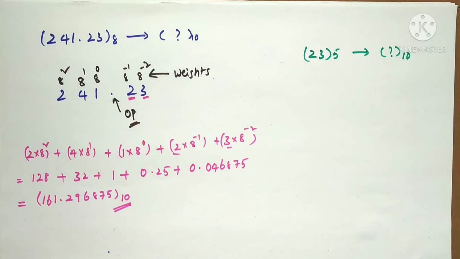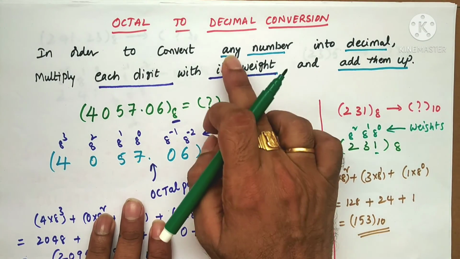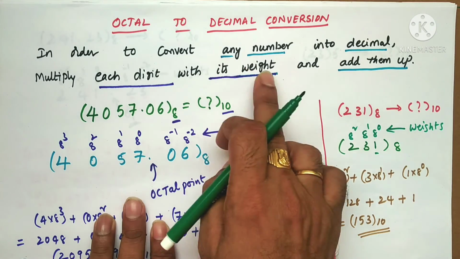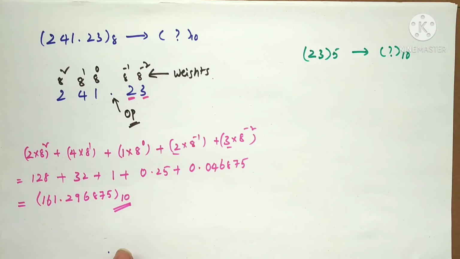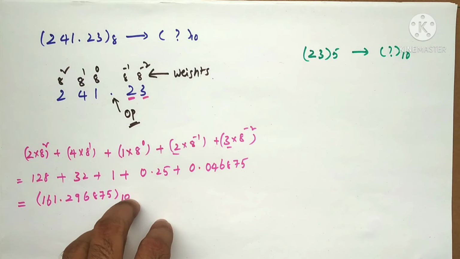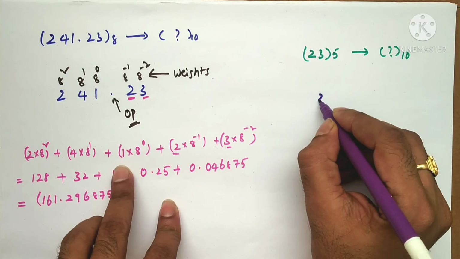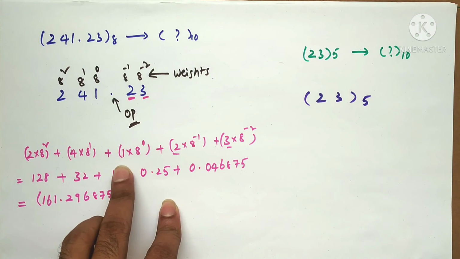To convert any number into decimal, what we have to do? Multiply each digit with its weight. So here 23 base 5 is the number given.